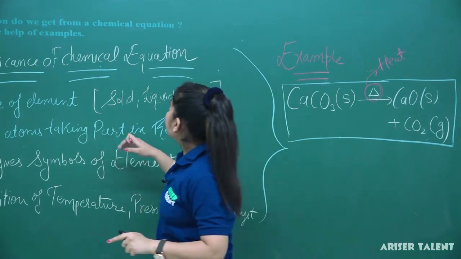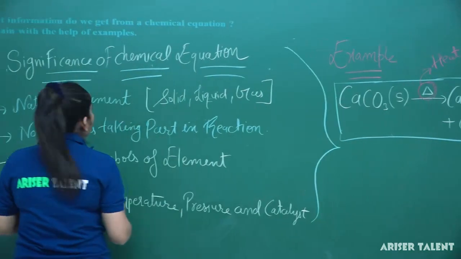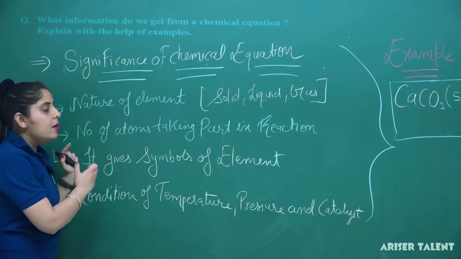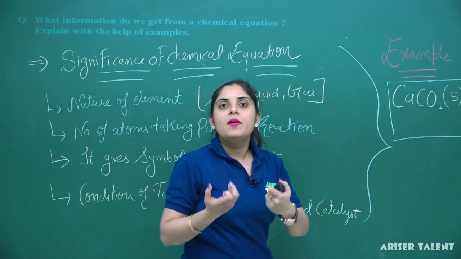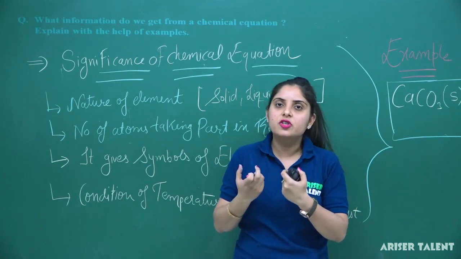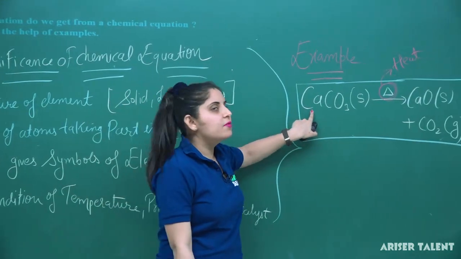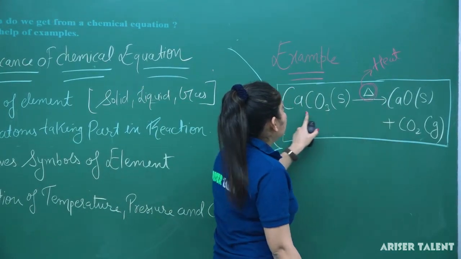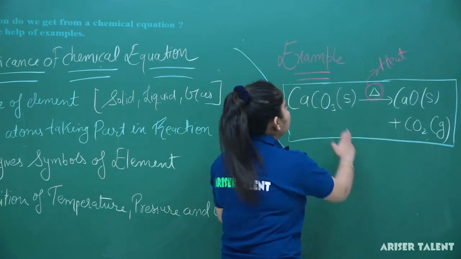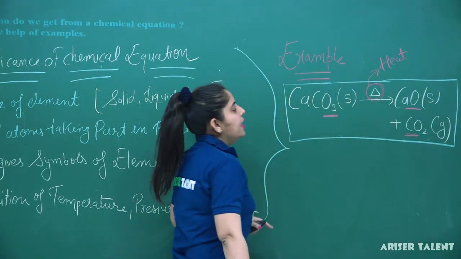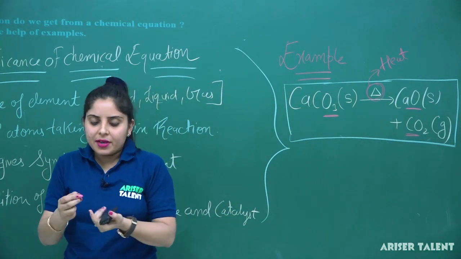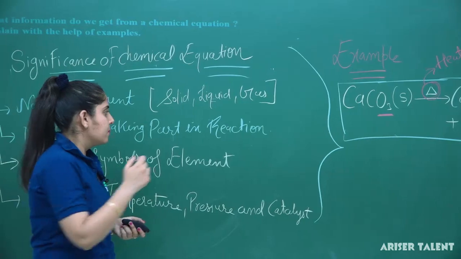So what we have identified here, we will get the nature of the element, number of the element. It means we come to know about the number of atoms that are taking part in the reaction. That is, calcium here is 1, again here it is 1, carbon atom is 1, oxygen is 3, and we are also getting oxygen 3 in this side. So this will be the basic significance of any chemical equation.